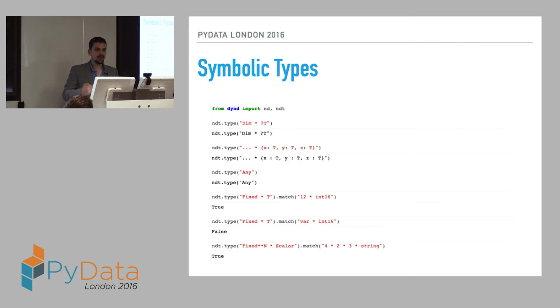So when you call a DyND function, it will try and match the input types against the signature. And you can see here that my type of fixed * T matches 12 * int16. Or my type of fixed * T does not match var * int16. So it's a dynamic matching of the same kind that you'd get in something like C++ or a compiled language, which would check it at compile time.